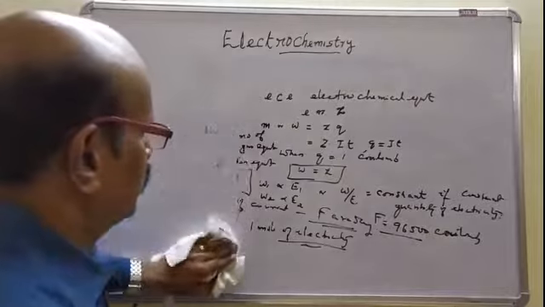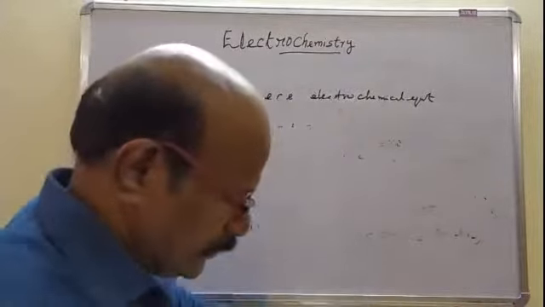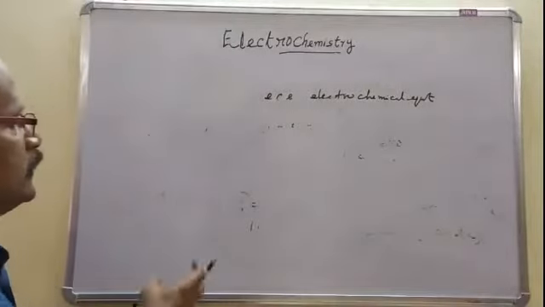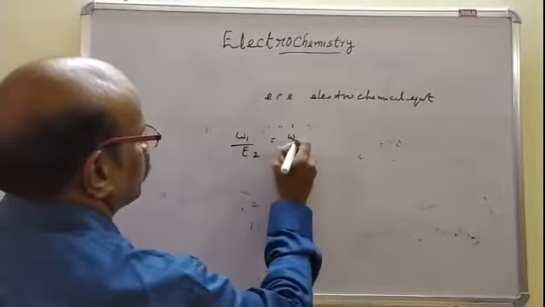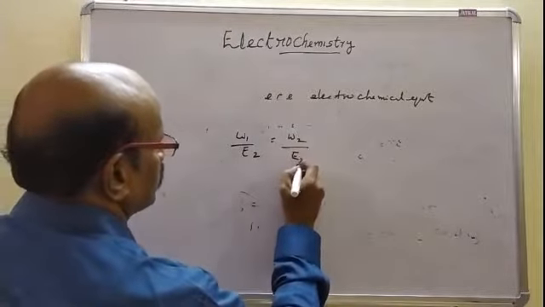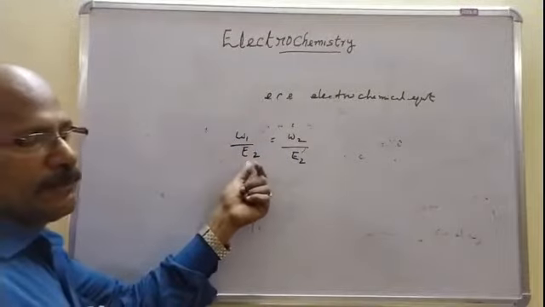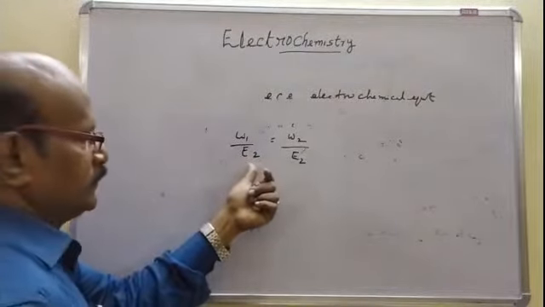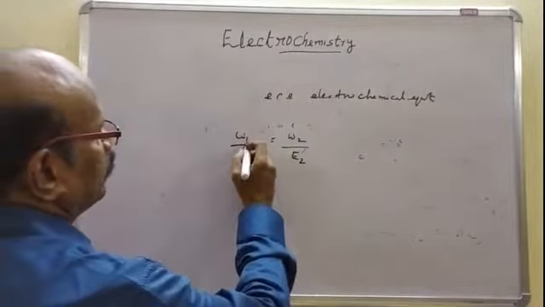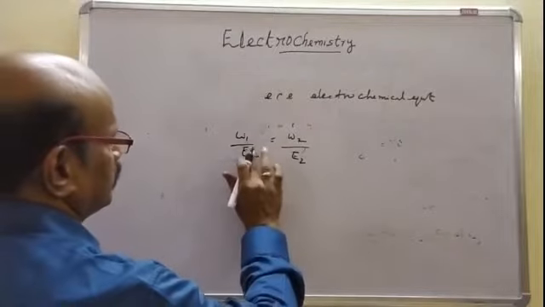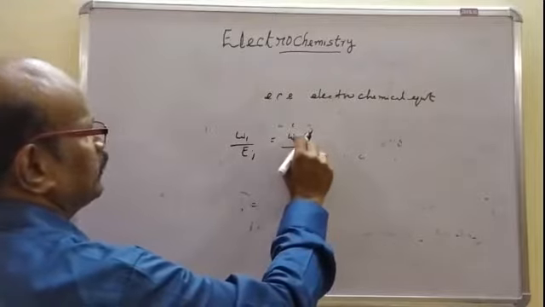That is another application that we have obtained from Faraday's laws, and it is used to calculate the equivalent mass of many materials. That is W1 by E1 is equal to W2 by E2. By measuring the amount of the material that is produced by passing electricity through them, at constant conditions, and by knowing W1 and E1, we can calculate E2 provided W2 is known.